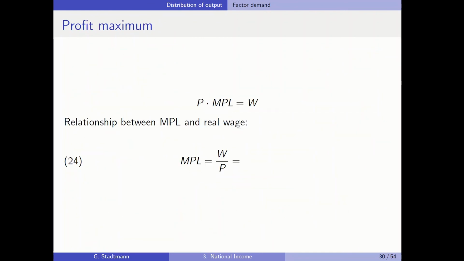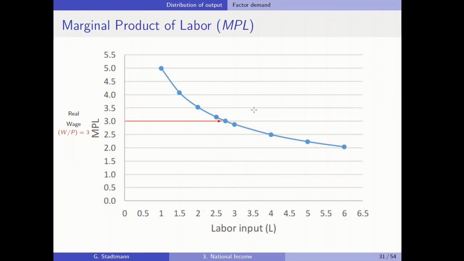The profit maximization condition is that price times marginal productivity of labor has to be equal to the factor price of labor, the wage rate. And then we are able to use this graph in order to find out what is the right amount of labor input for the company we are looking at.